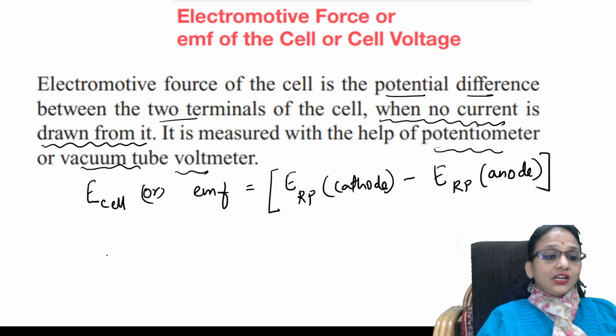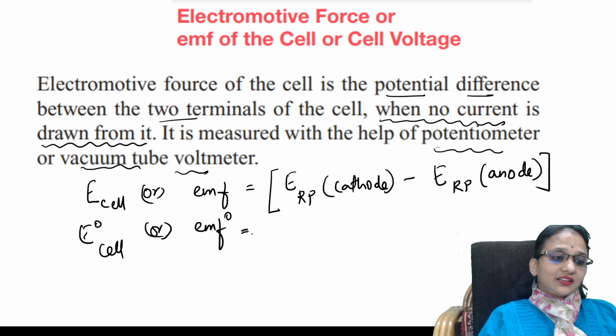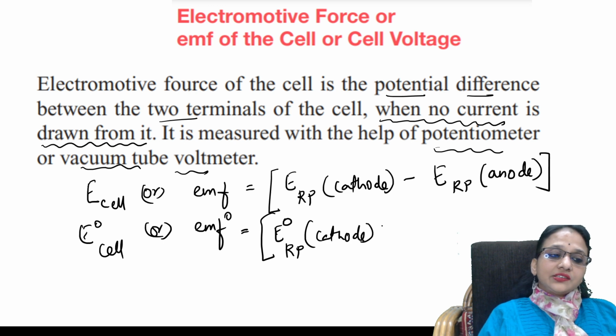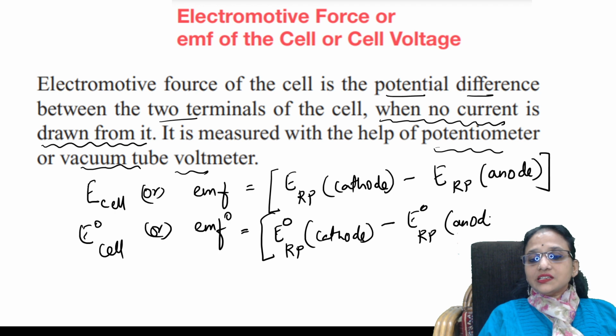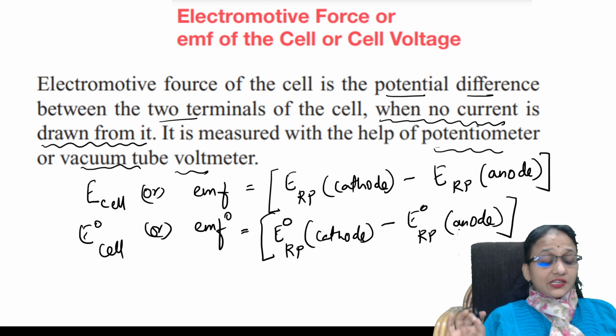Or you can write E naught, the standard EMF of the cell, at standard conditions: E naught RP cathode minus E naught RP anode. Easy, students. So this is your EMF of the cell.